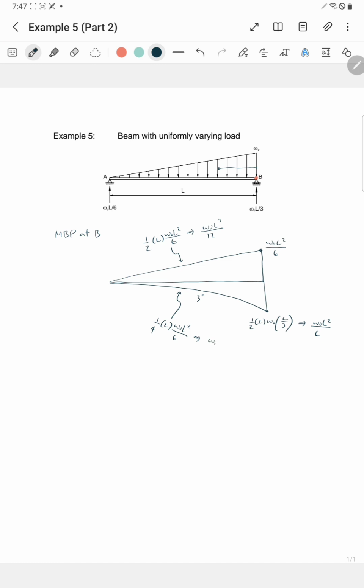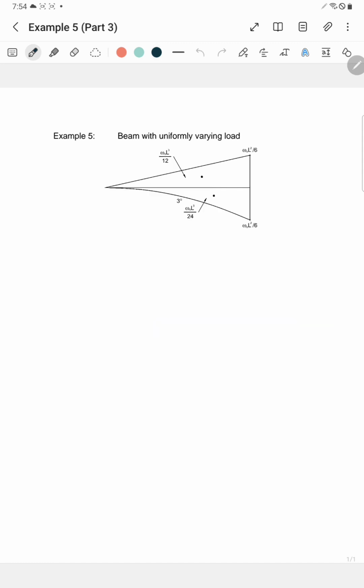So the area is WOL cube over 24. Next is we solve for the parameters 6A over L and 6AB over L. So for the parameter AA, area times lever arm from left.